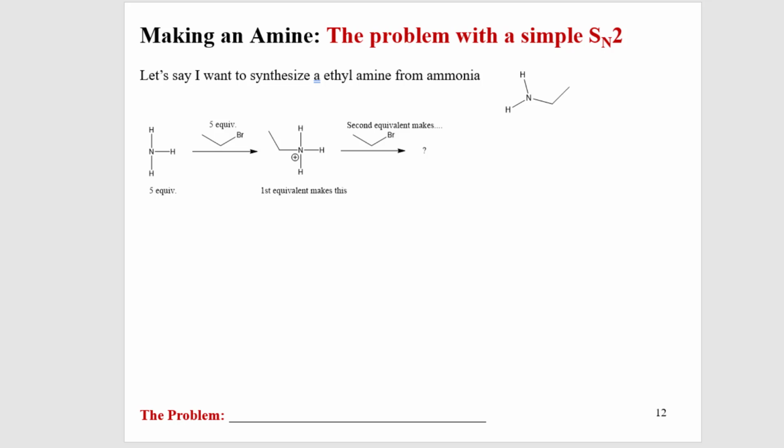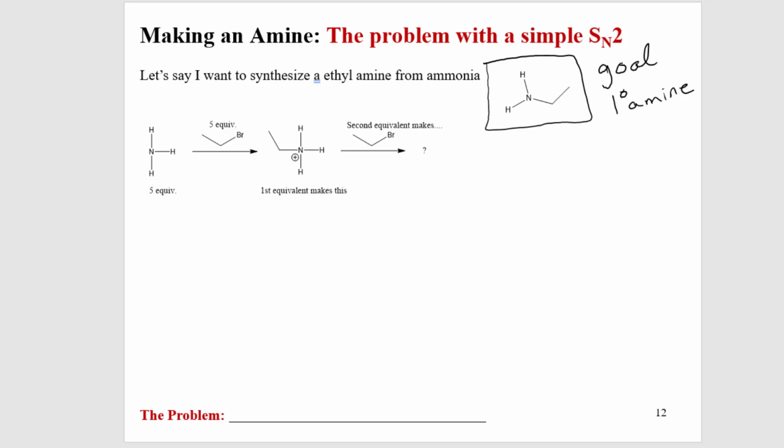Now, the first thing we want to do in making an amine is to figure out how to make boutique amines, right? What I mean by that is if I wanted to make a primary amine, let's say this is my goal right up here. I want a primary amine, okay?